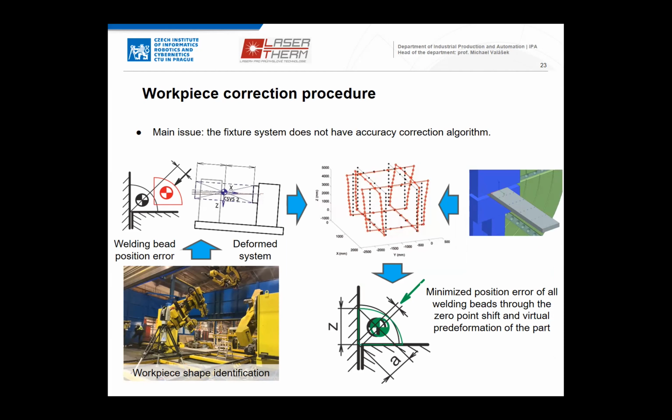We have a problem with weld position error, deformed system, and ideal part. We optimize the ideal part through the error model and minimize the position error for the welds by using zero-point shift and regular predeformation on the part.